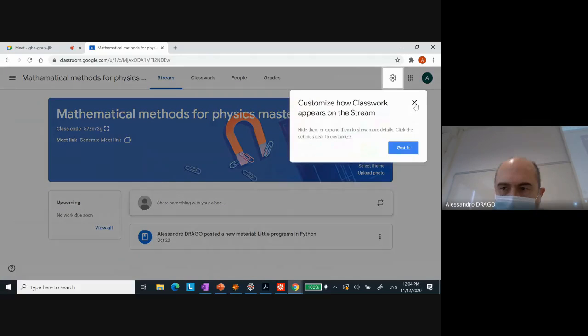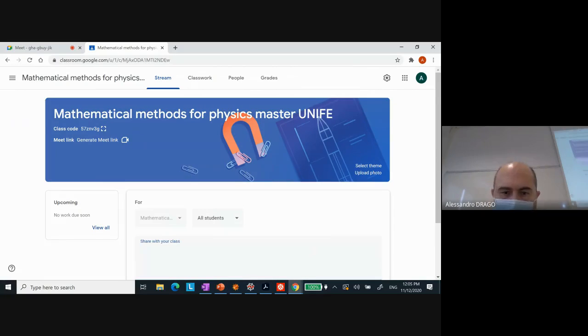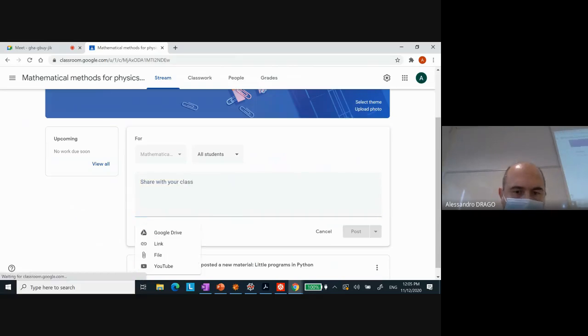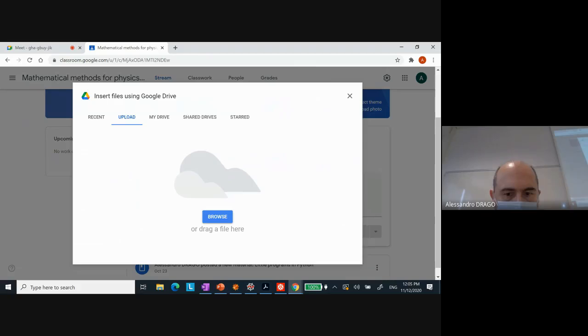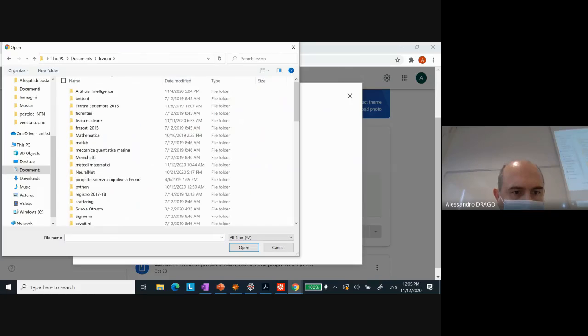Okay, so now share something with your class, I think, and add file, browse, I guess. And it is inside lezioni, metodi matematici.